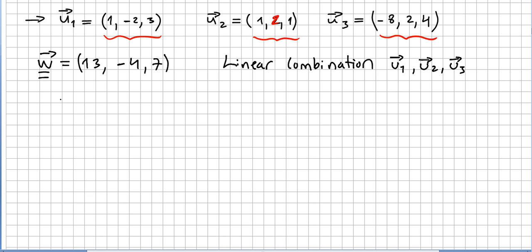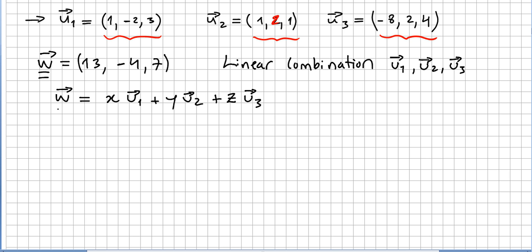Okay, what does that mean, to write w as a linear combination of these three vectors? And you see, these three vectors are all orthogonal. That means that for vector w, we have to find a value x times u1 plus y times u2 plus z times u3.